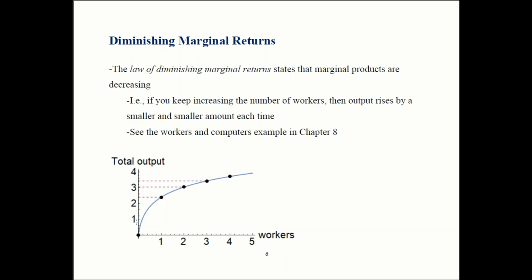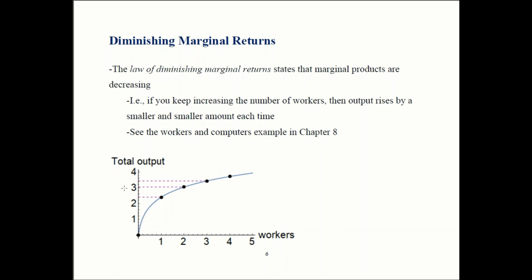The first worker we hire gives us a big boost in output. We go from 0 all the way up to 2.5. However, if we double the number of workers, going from 1 to 2, that's not going to double our output. Output only rises from 2.5 to about 3 on this graph. So output still went up, just at a slower rate.